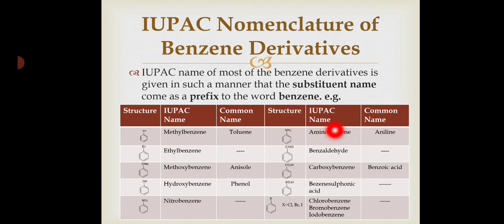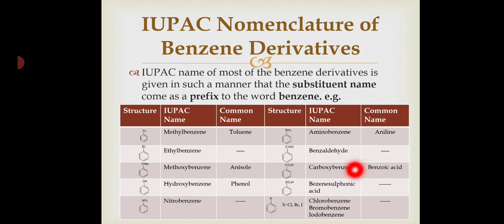Similarly, if you have an amino group, NH2 group on benzene ring, it is called aminobenzene. An aldehyde group on benzene ring, it is called benzaldehyde. When you have a CO2H group, carboxylic acid group on benzene, it can be called carboxybenzene.